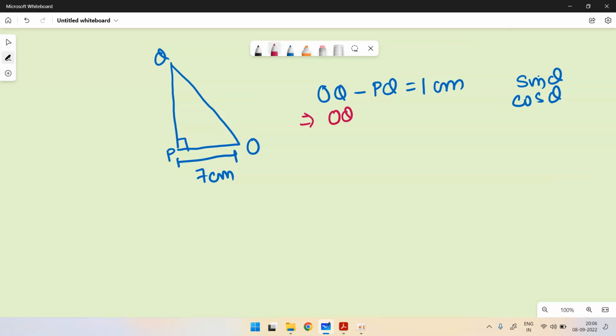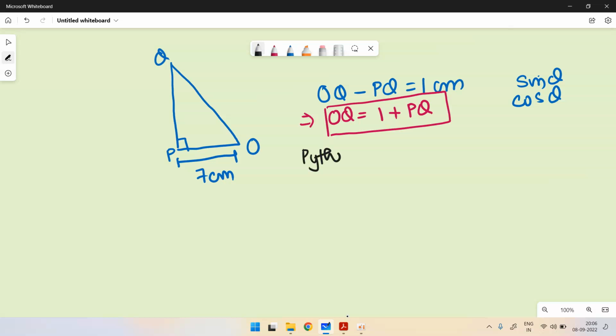You take OQ from here. OQ is equal to, if you take this to the right side, 1 plus PQ. Now which theorem do you need to apply? There is only one theorem I can apply. This is Pythagoras theorem.